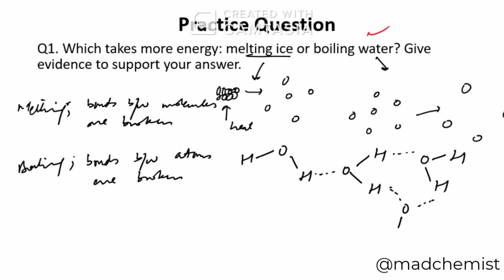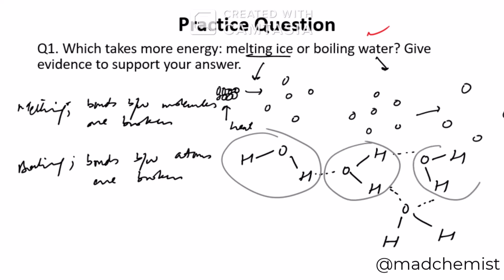This dotted line shows hydrogen bonding. So basically, in melting, when solid converts into liquid, the solid particles, that is, this is one molecule, this is one particle, this is a second particle, this is a third particle.